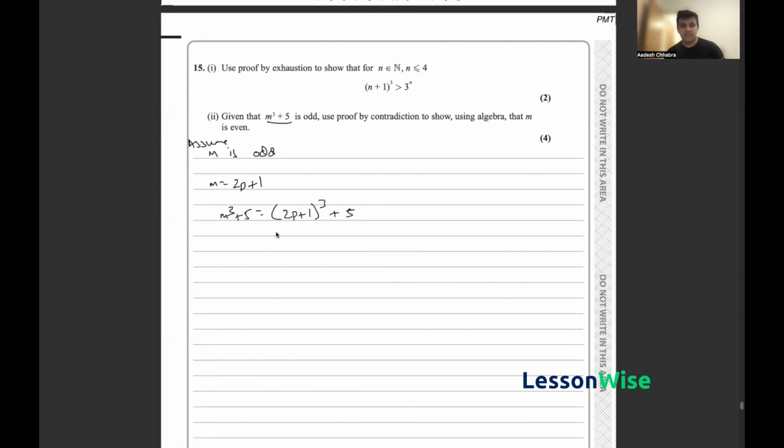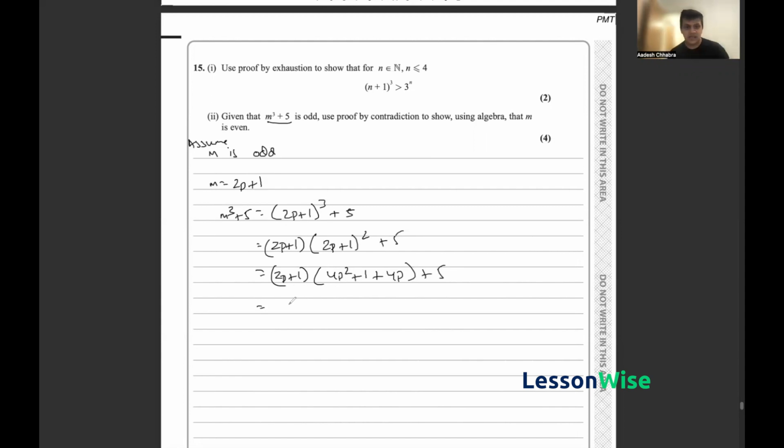So you can expand this in the following way. Well, we can split (2p + 1)^3 into a singular and a quadratic, so we can get (2p + 1)(2p + 1)^2 + 5. We can further expand this by showing that (2p + 1)(4p^2 + 1 + 4p) + 5.